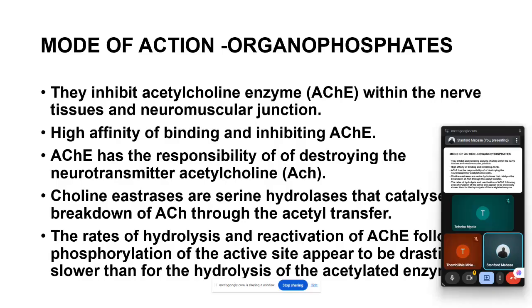So that is the purpose of the acetylcholine enzyme. It prevents acetylcholine from accumulating in the nerves. Because if this substance accumulates in the nerves, there is a continuous transmission of a signal.